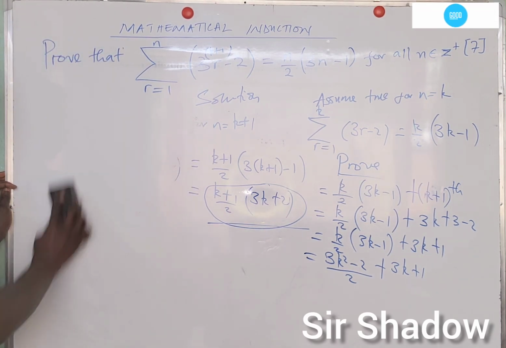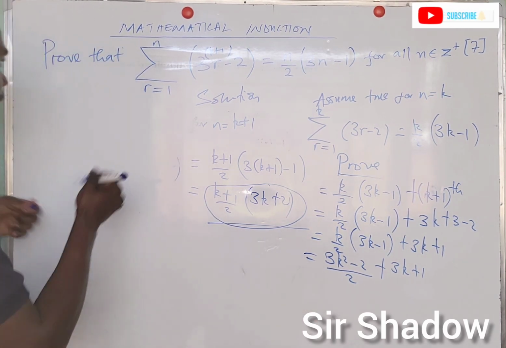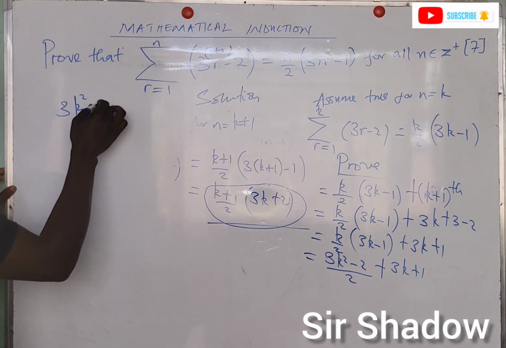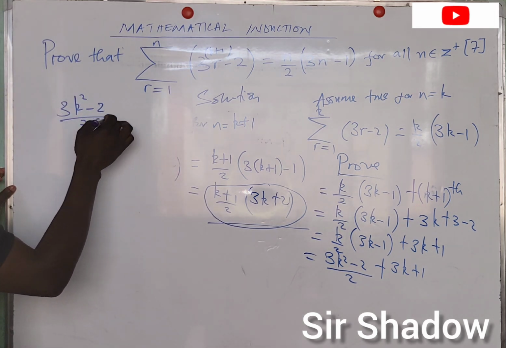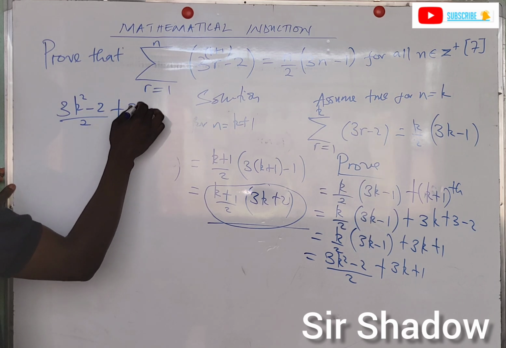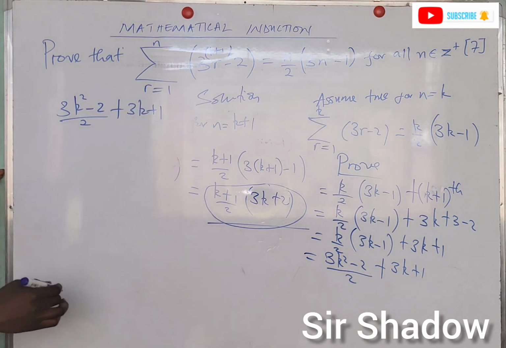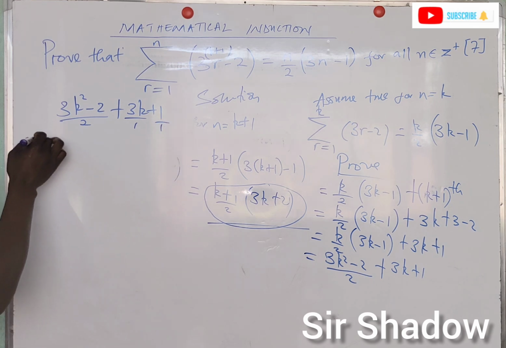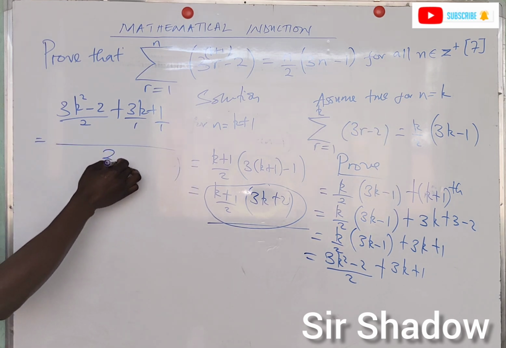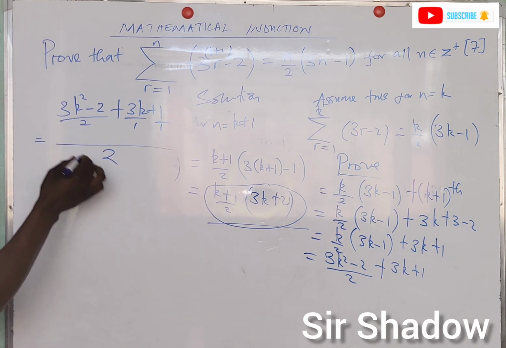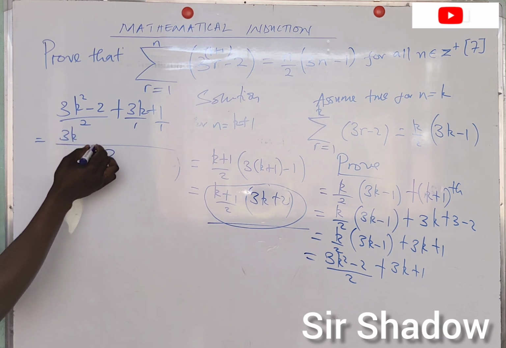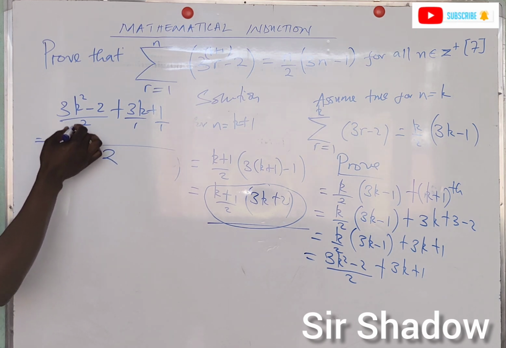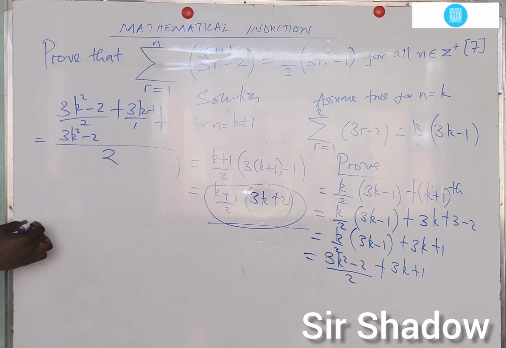Right, let's consider we have 3k squared minus 2 all over 2, plus 3k plus 1. What we have to do is find the lowest common denominator. Remember, this one is over 1. The lowest common denominator is 2. 2 into this one, we are left with 3k squared minus 2.